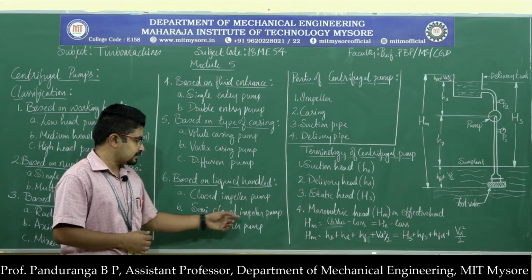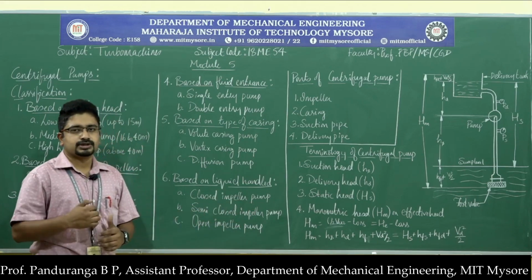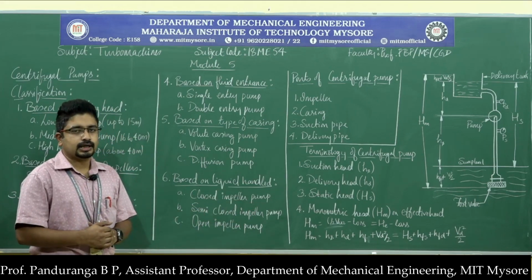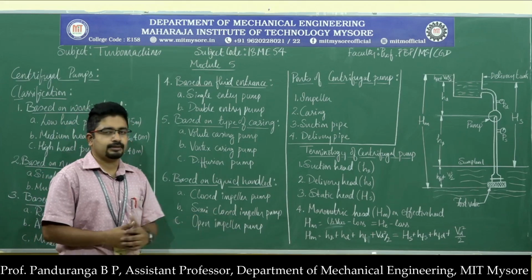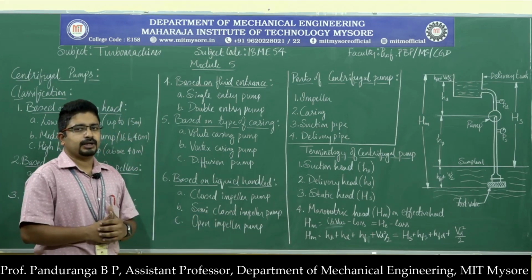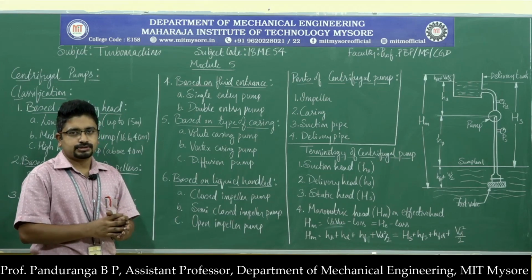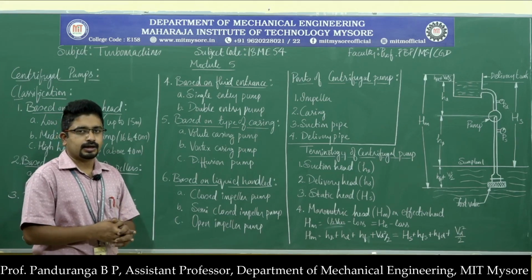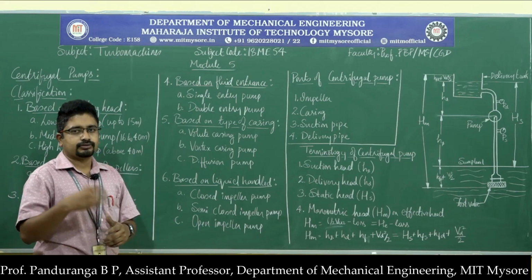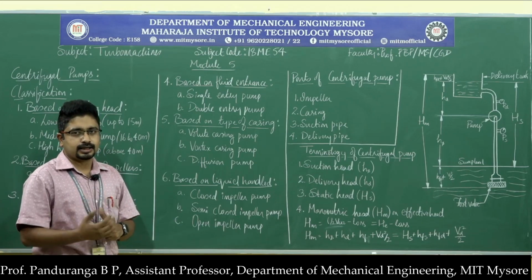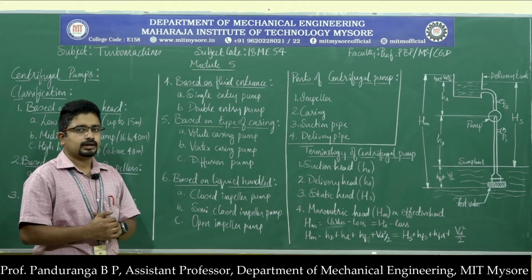Then we have semi-closed impeller pumps. If the viscosity is slightly higher, then we go for a semi-closed impeller pump, where part of the impeller will be closed and at the inlet we will have a larger opening. This helps to accommodate a larger mass flow rate, and if the viscosity of the fluid is slightly thicker or more, then the fluid offers resistance.